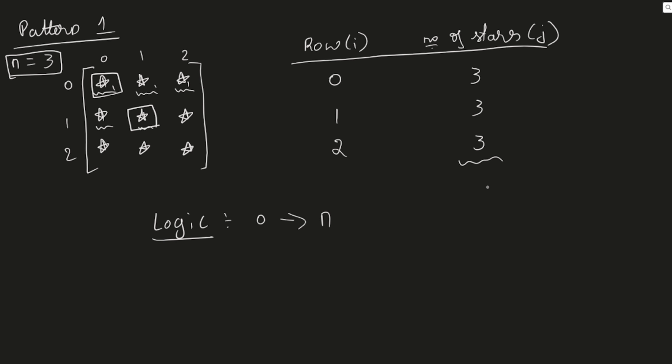Whereas in the j loop, we need to print 3 stars for every iteration of row. We will again start from 0 and go till n. Why? We are given n as 3, and in every line we are printing the same number of stars as n.